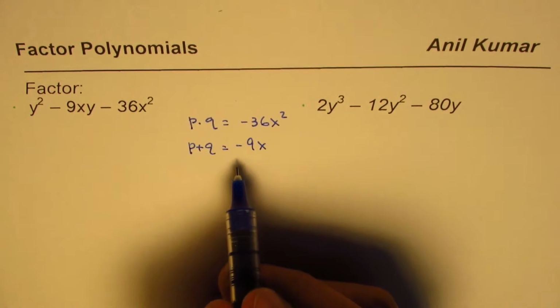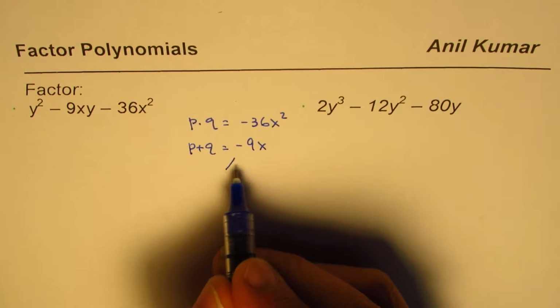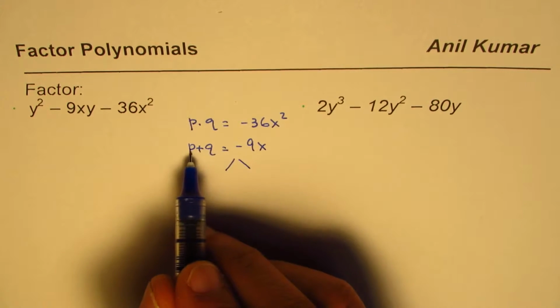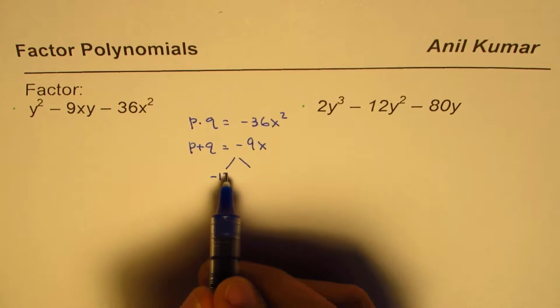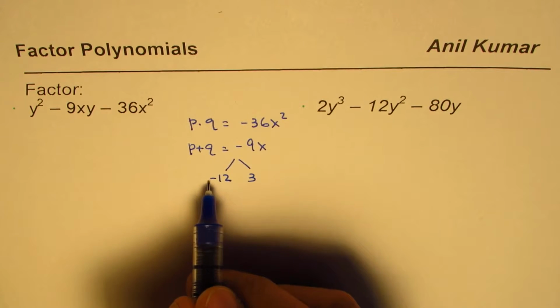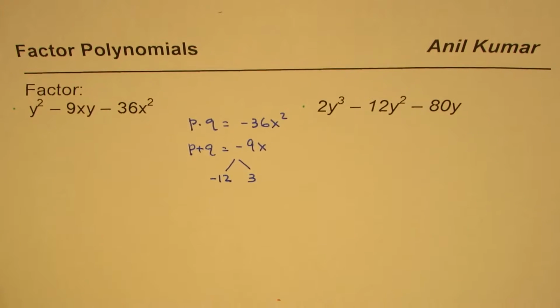Now these two numbers could be 12 times 3 is 36. Since we need negative 36 and we need negative when you add, 12 should be negative, right? So 12 negative times 3 gives us negative 36. When you add, that gives us negative 9, right?